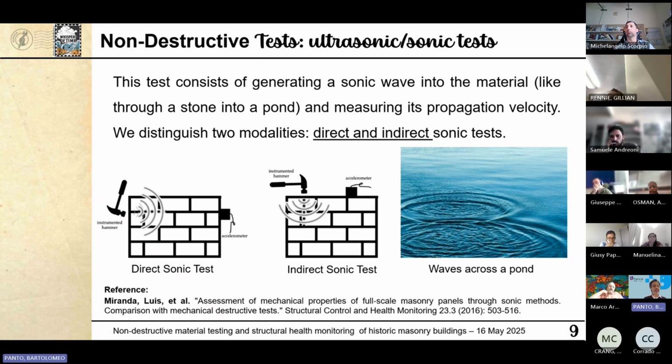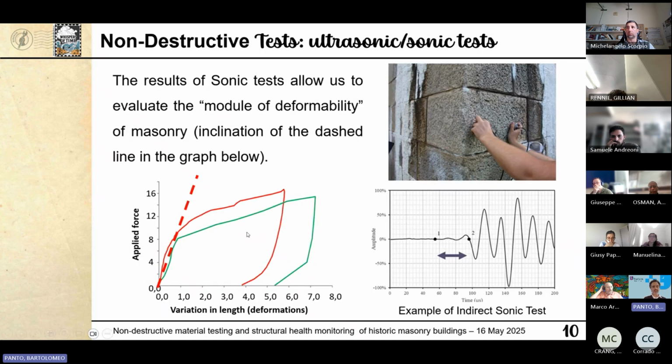But we can detect them with specific tools, in this case an accelerometer, and we can estimate what we get from this test, here on the right part of the slide, which is the velocity. So we measure the time, but then we can get the velocity since we know the space between the point where we generated the wave and the point where I'm measuring the wave.